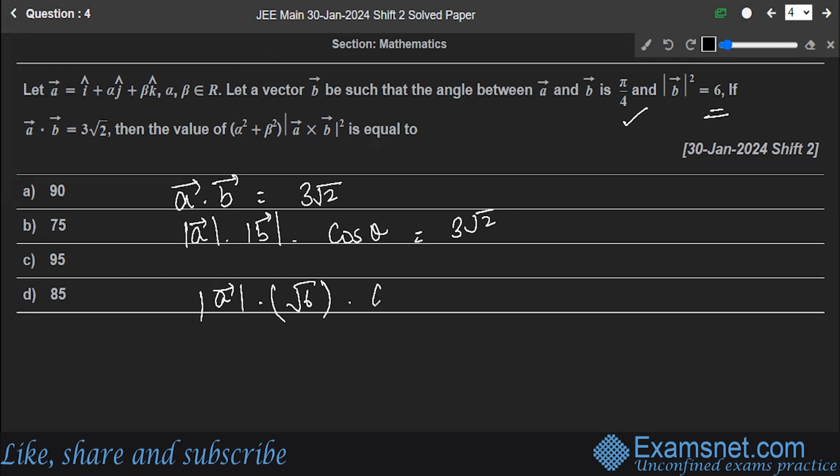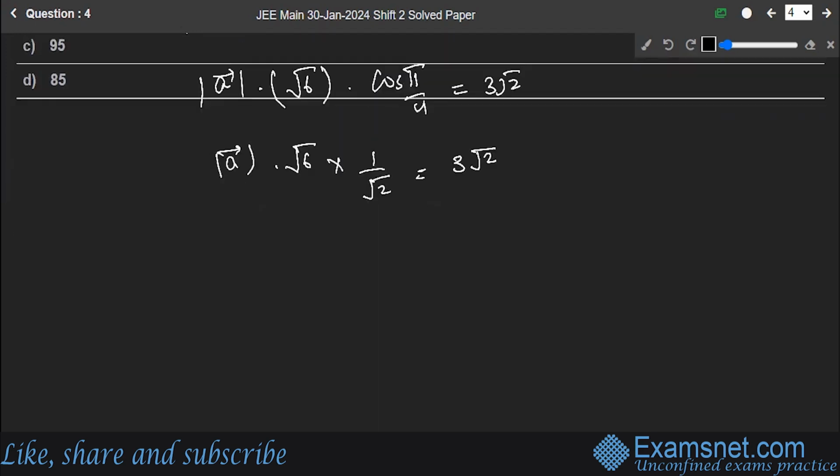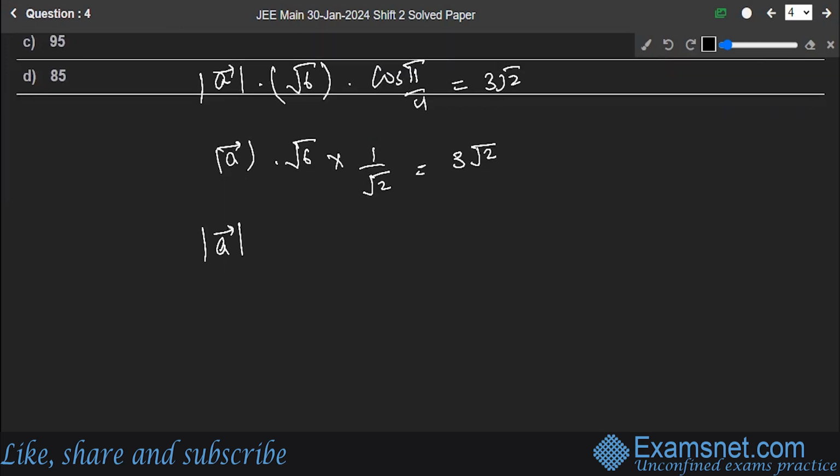Cos of pi by 4 is equal to 3 root 2. a into root 6 into 1 by root 2 is equal to this. So you will have the magnitude of a vector is equal to 3 root 2 into root 2 upon root 6. This will be 6 upon root 6, which will be equal to root 6.